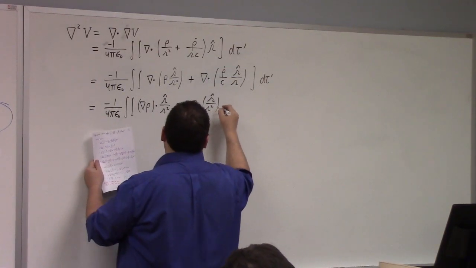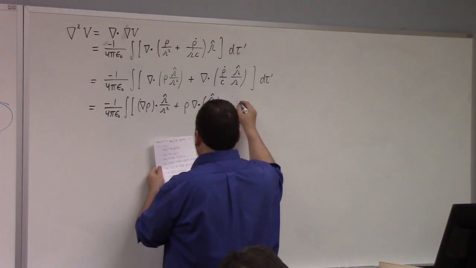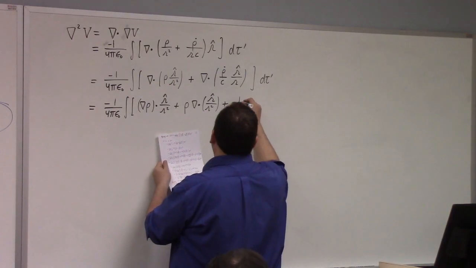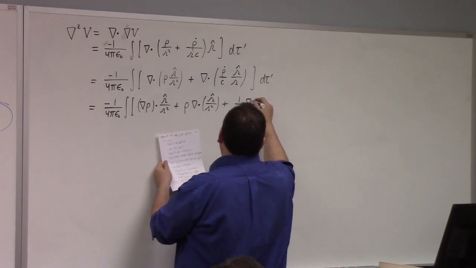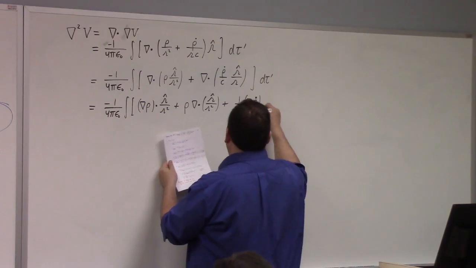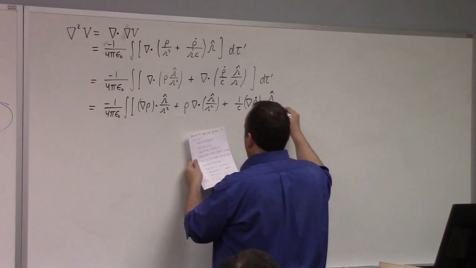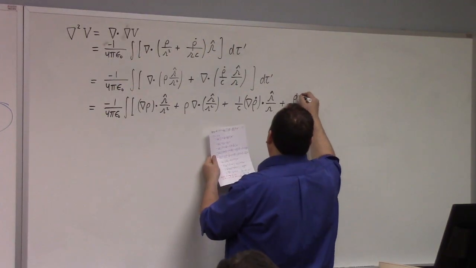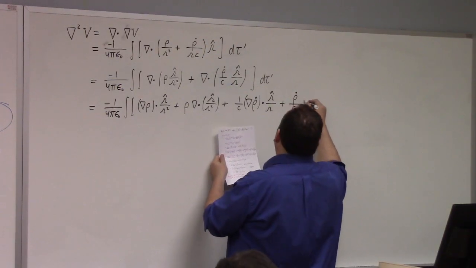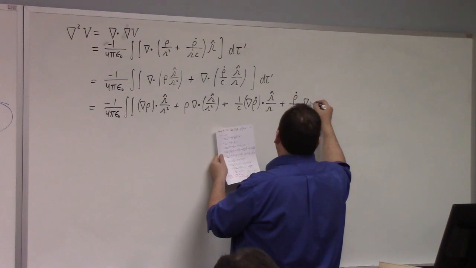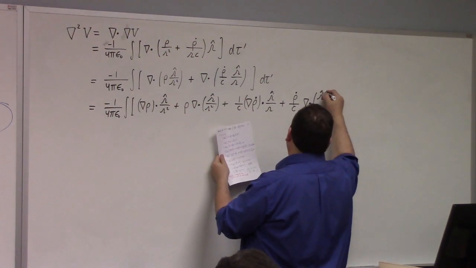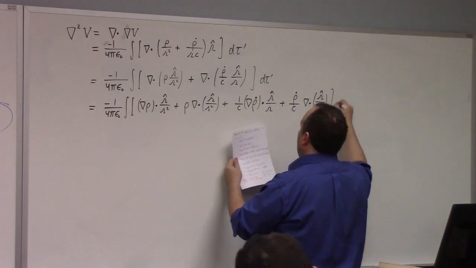So I'm using the product rule here, guys. And then plus 1 over c, the gradient of rho dot r hat over r, plus rho dot over c, the divergence of r hat over r, d tau prime.